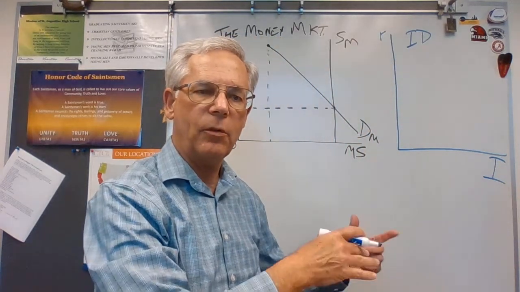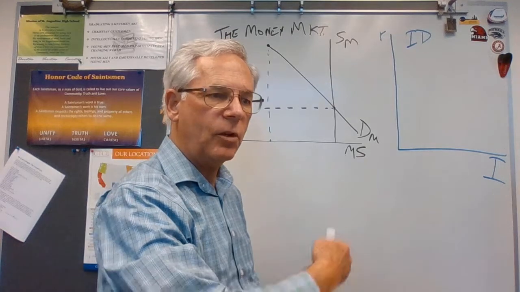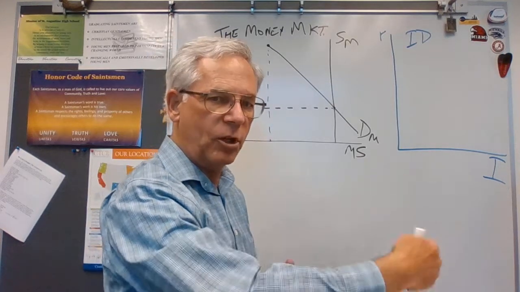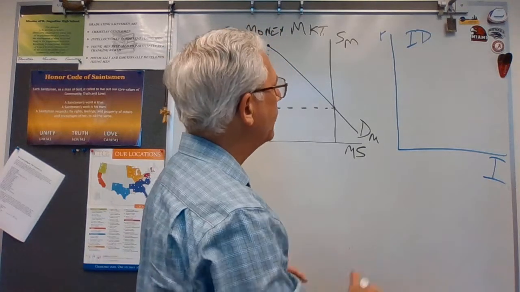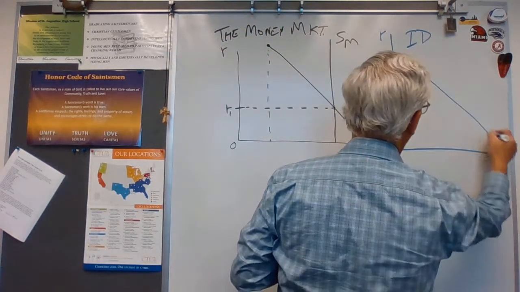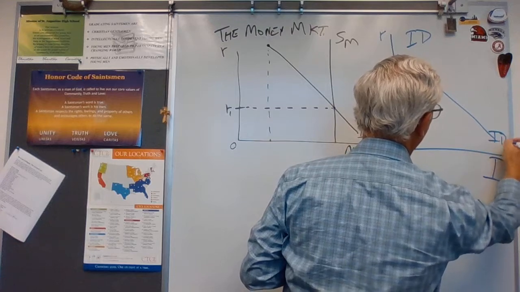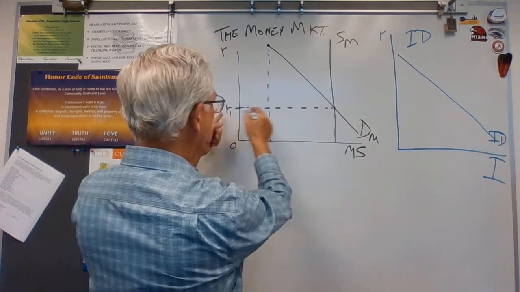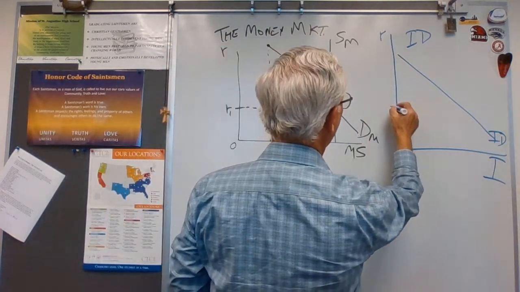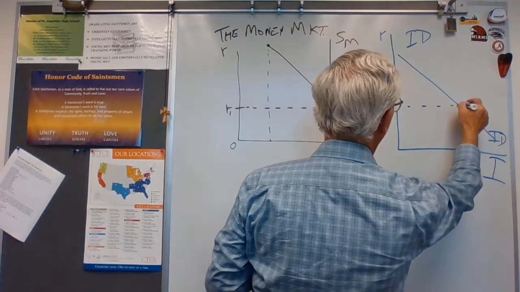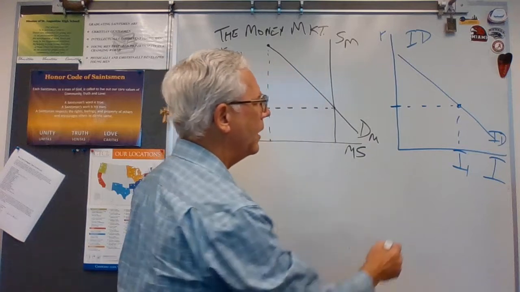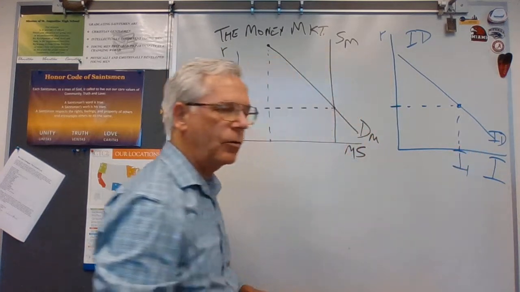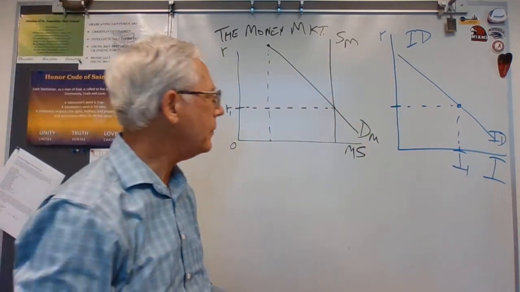Investment is one of the components of aggregate demand: C plus I plus G, government spending, plus net exports. So the investment demand curve was a downward sloping ID curve. And the real rate of interest basically determines the amount of investment in the economy. There's I1. That's the amount that I is going to be in the economy.